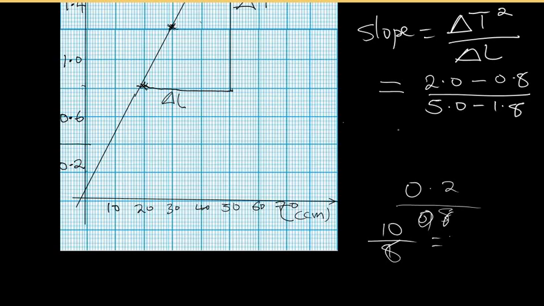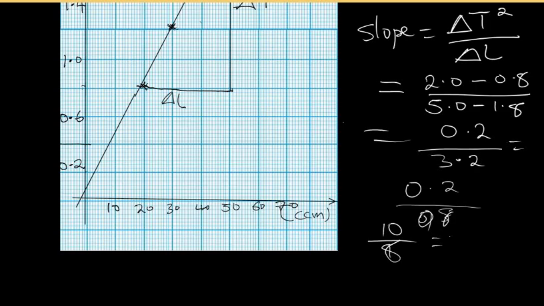You subtract that, and I think here I'm having 0.2, and in this case I'm having 3.2 if I'm not mistaken. So you divide that, and you will have the slope.